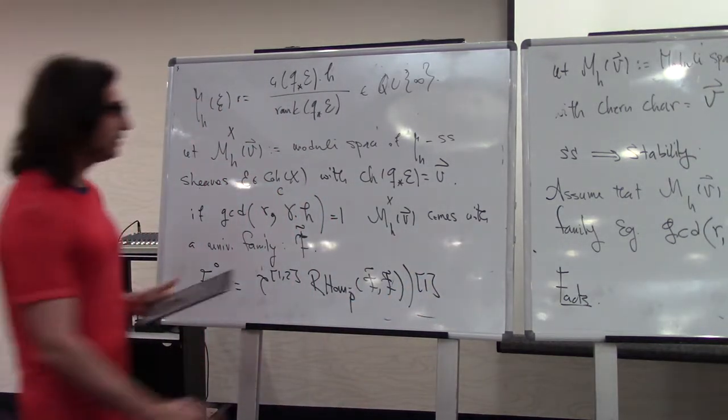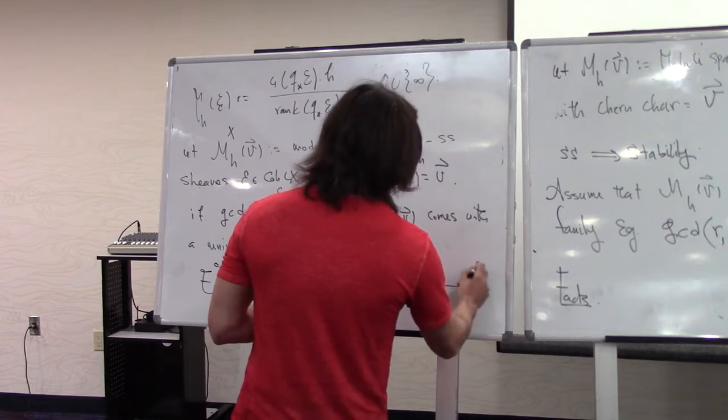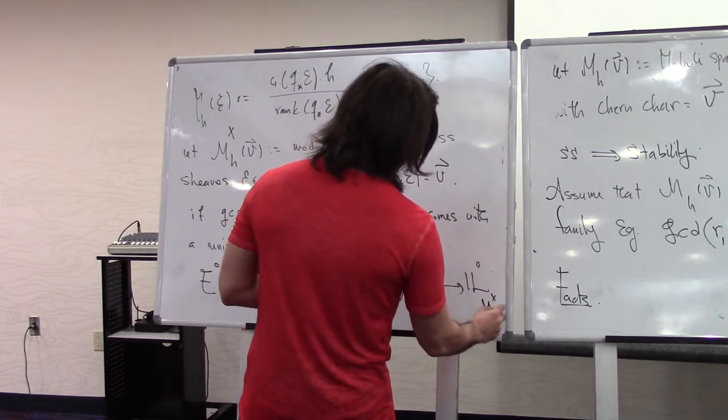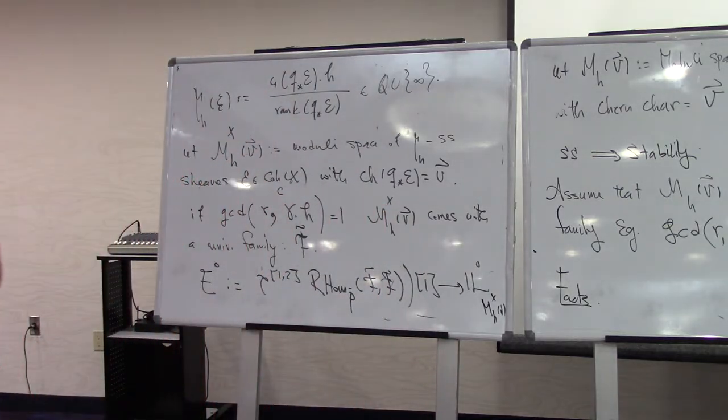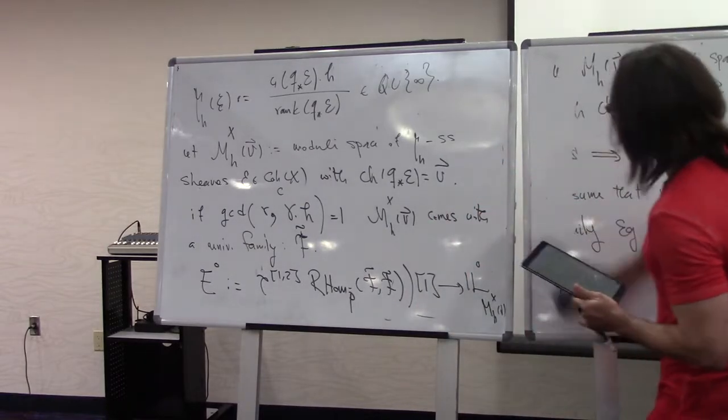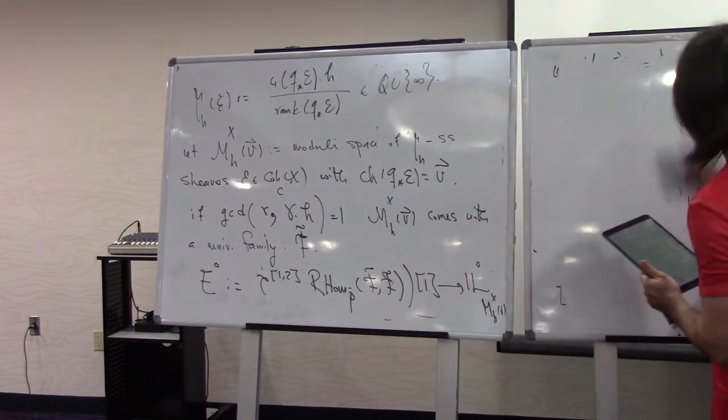And this guy actually again maps onto the cotangent complex of our moduli space. This time the moduli space is the moduli space of torsion sheaves on X. So this object in the derived category again induces a virtual fundamental class.